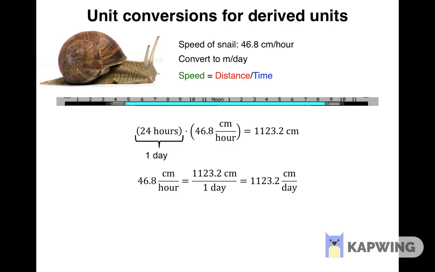Well, there are 100 centimeters to a meter, so 1 centimeter is 1/100th of a meter. 1123.2 centimeters is 1123.2 times the length of a centimeter in meters, and that is 0.01 meter.